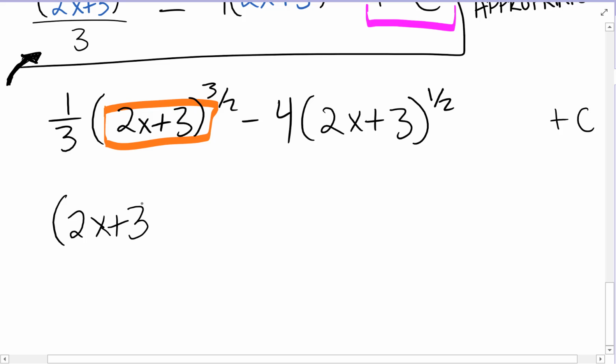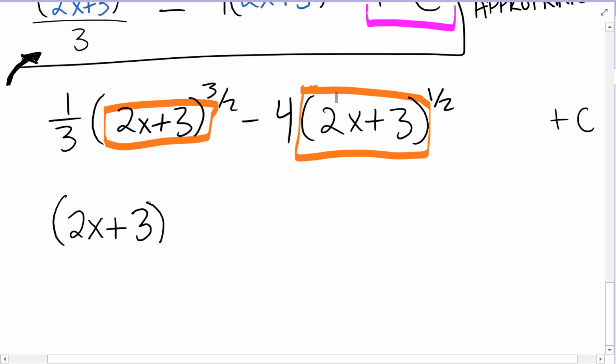You can factor out the power that is common with both of them. So 3/2 is larger than 1/2, but 1/2 goes into 3/2 and 1/2. So we will choose 1/2. We are multiplying this by 1/3 times 2x plus 3 to the 1.